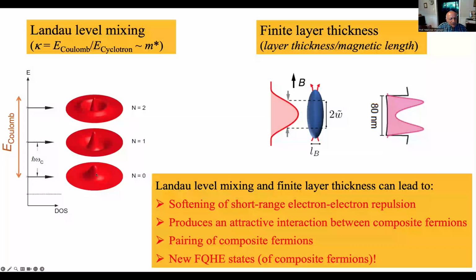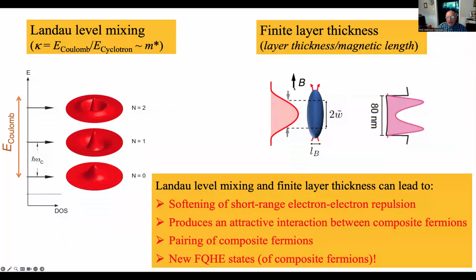It turns out in the systems that we are looking at, the Coulomb interaction between the electrons, E squared over R, essentially E squared over magnetic length, is much bigger than the ħω_c. So that mixes the higher Landau levels into the lowest level, and that has a profound effect on these even-denominator states. The other thing that happens is this finite layer thickness.